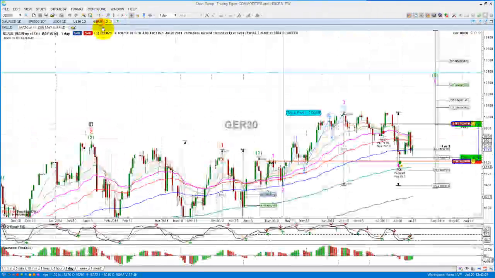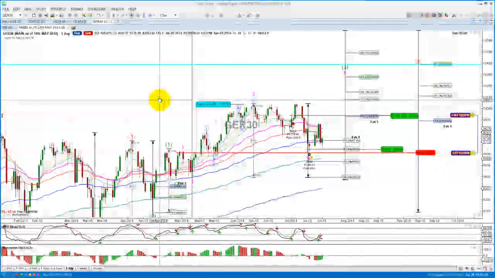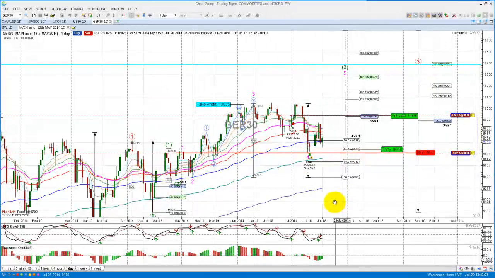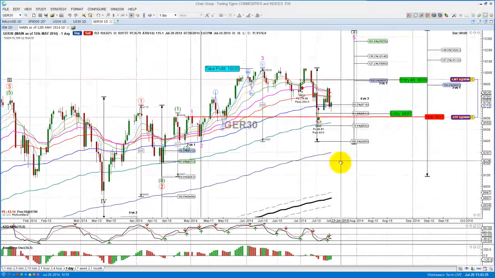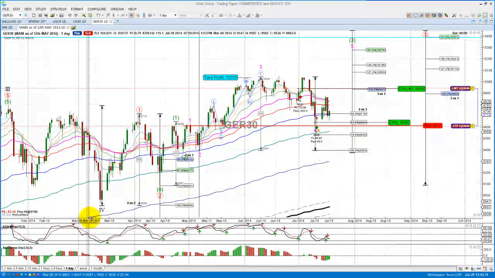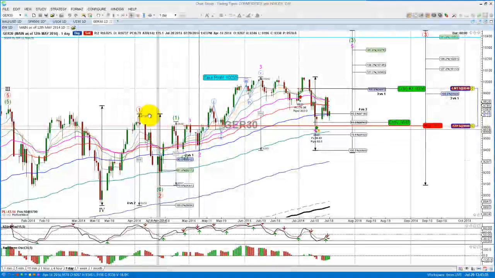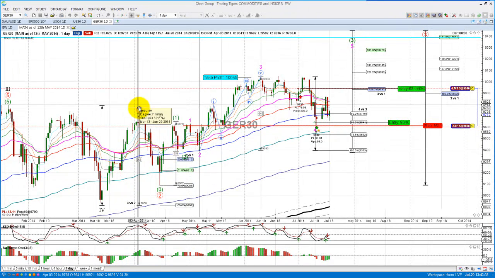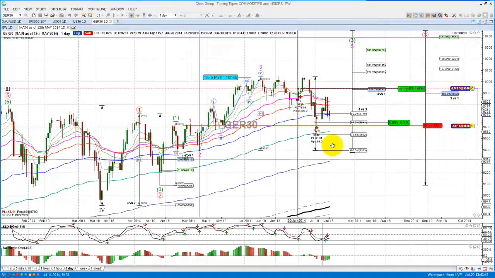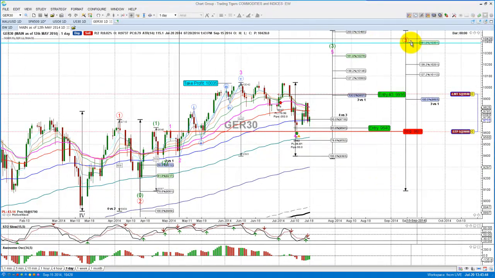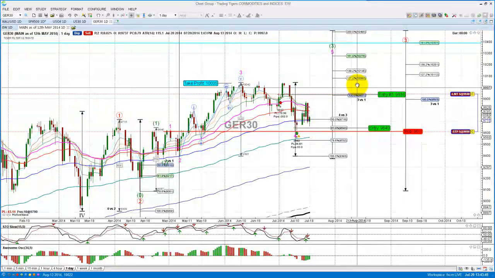We'll now go to the German 30. German 30 also there, as you can see. Where do we stand? We're in a wave 5 position of a cycle degree, that's black and in Roman numerals, and it's primary, which is red and in circles, 1, 2. We're in a wave 3 up, wave 3 in process.